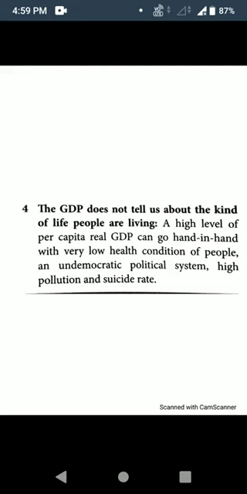Once again, let us recall what we have seen today. We saw gross domestic product, what is produced in a country during a period of time. Next, the methods of calculating GDP. What are the methods? 3 methods: expenditure method, income method, and value added method. Next, we learned the importance of GDP. There are 6 important things.